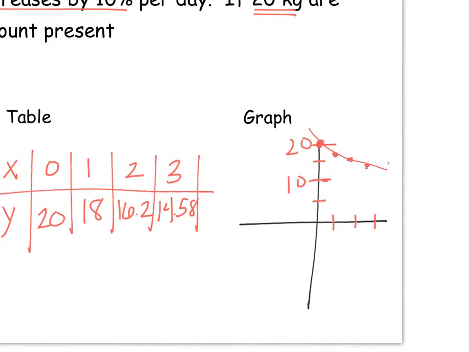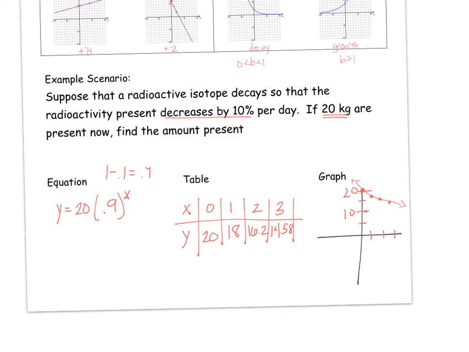It's not a big graph, but it works. So that's going to be decay, because this number right here was in between 0 and 1. So it decayed, so it went down. It's decreasing. Okay?